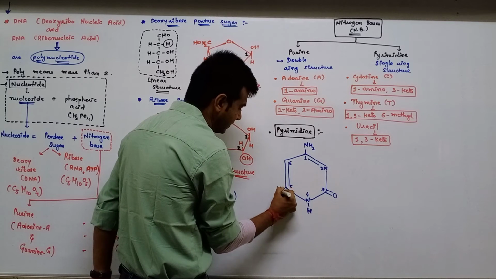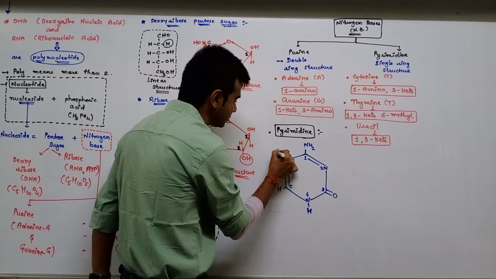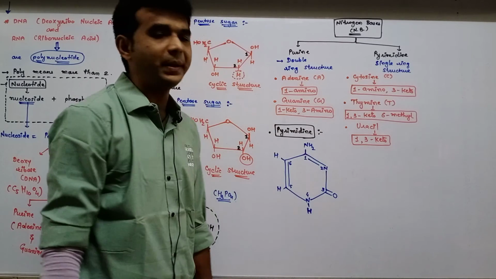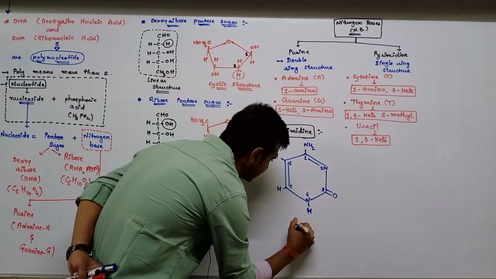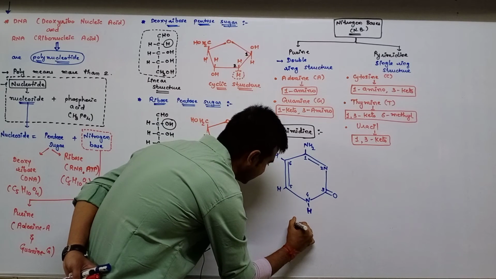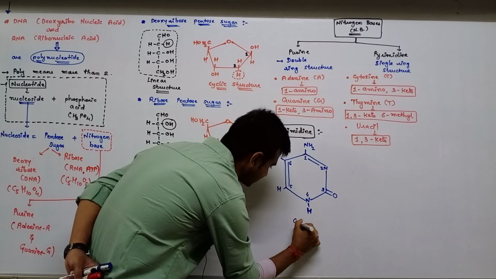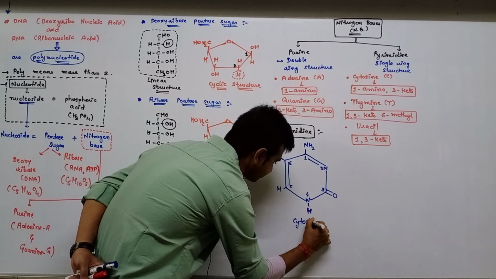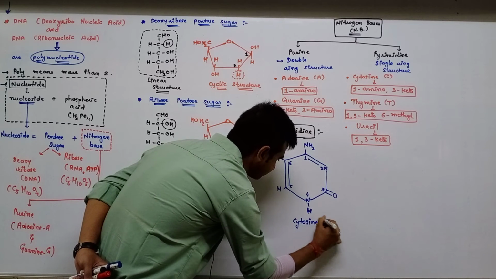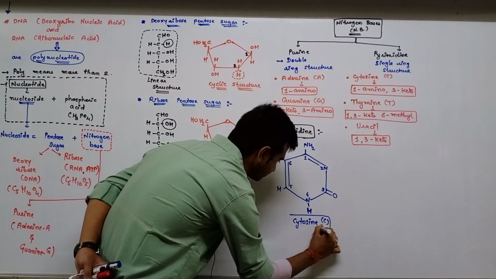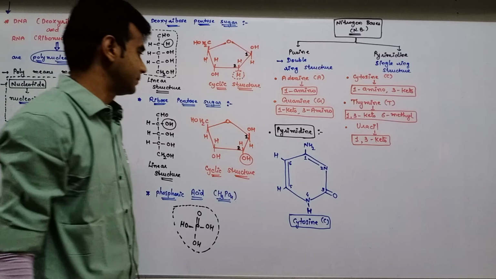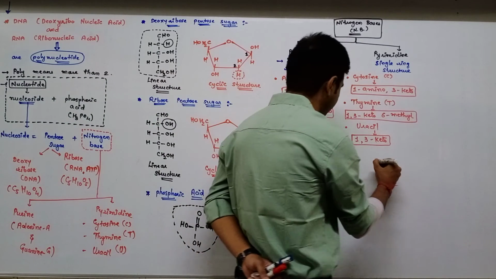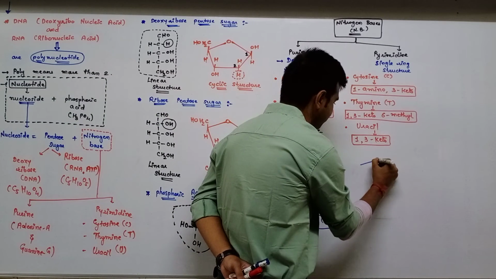Here carbon has 1 valency and here carbon also has 1 valency remaining. So this is the cyclic structure of cytosine, C. Now thymine. Draw the structure of thymine. Again the rule is the same.